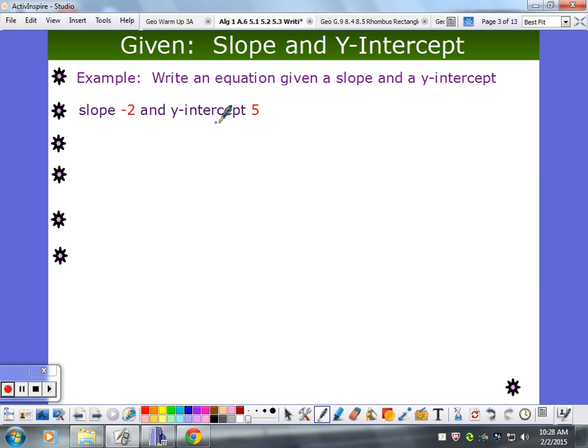Because y equals mx plus b, where m is the slope and b is the y-intercept. You just put the -2 here and you put the 5 here. And y equals -2x plus 5. Is that what we did? Yep. Okay, so that's what all this says.